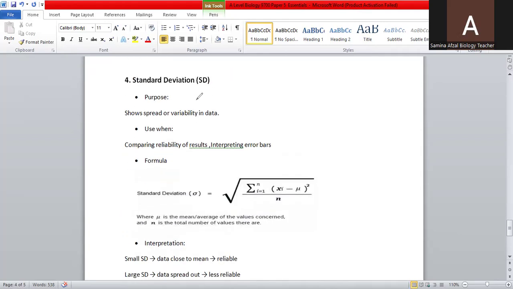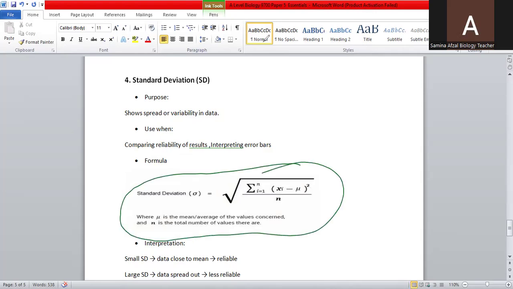Then we come to the fourth test, which is the standard deviation. The purpose of standard deviation is to show spread or variability in data, compare reproducibility of results, and interpret error bars. So this is the formula. You must be familiar with these formulas.